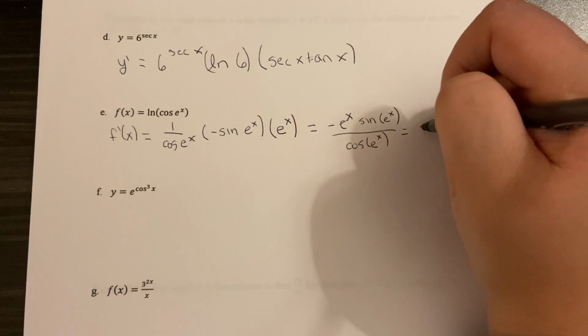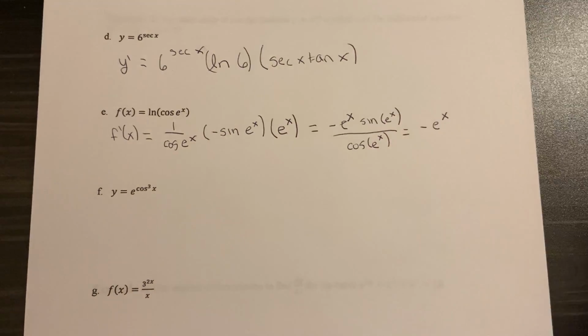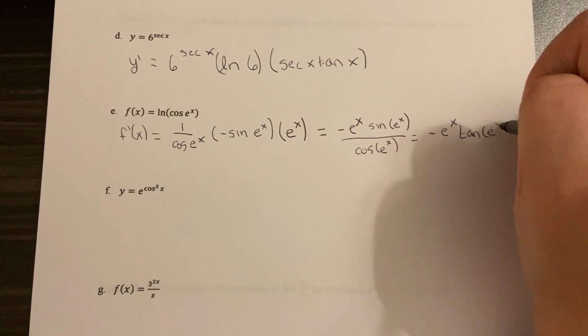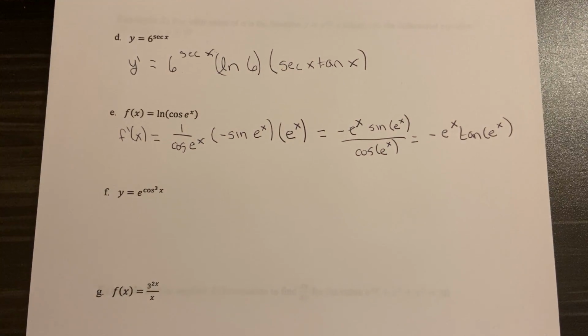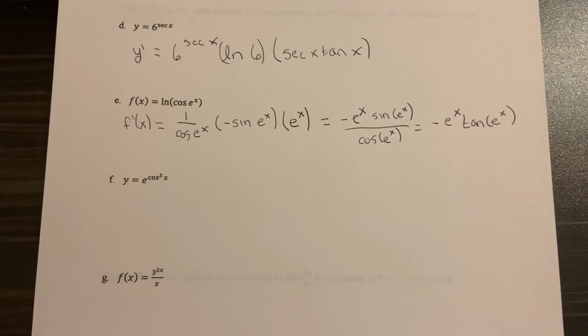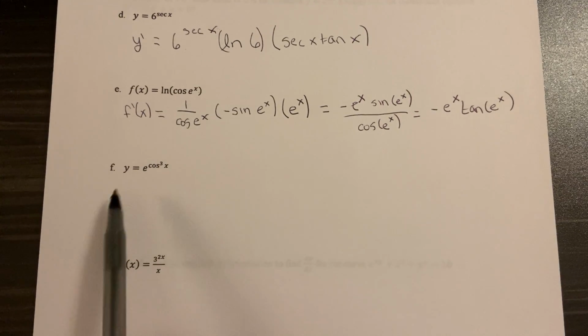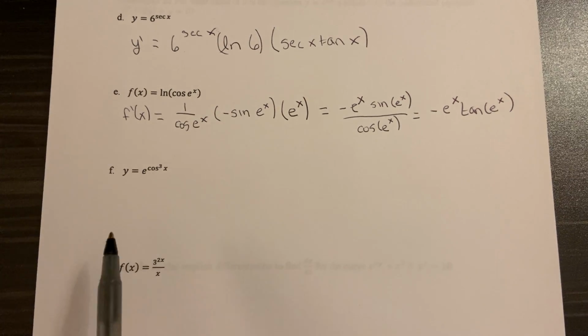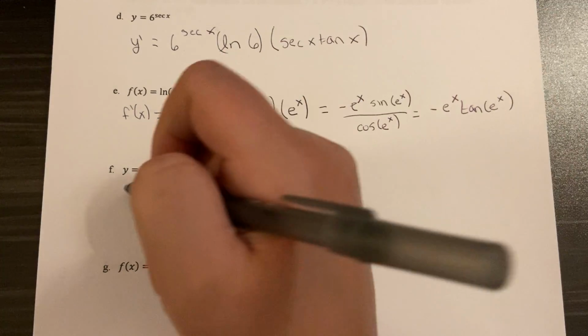So this thing actually gives you negative e to the x tan of e to the x. And that would be the derivative. So then for f, let's see, we have an e to a function scenario, right? E to some function. So our rule is, the derivative of that would be e to the function still times the derivative of the function.